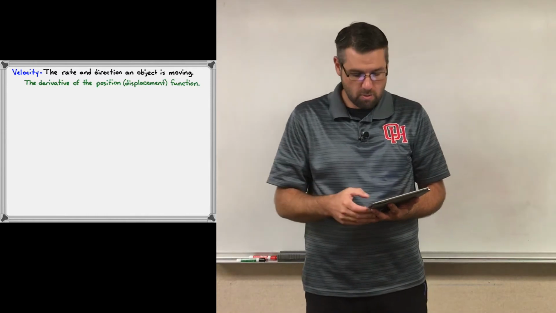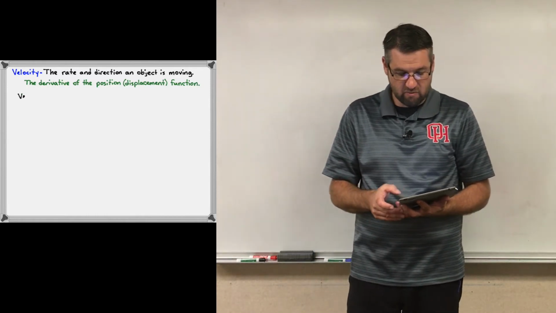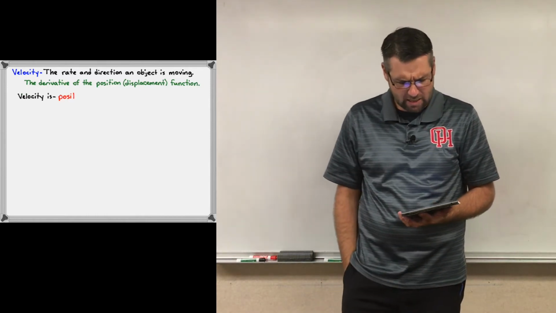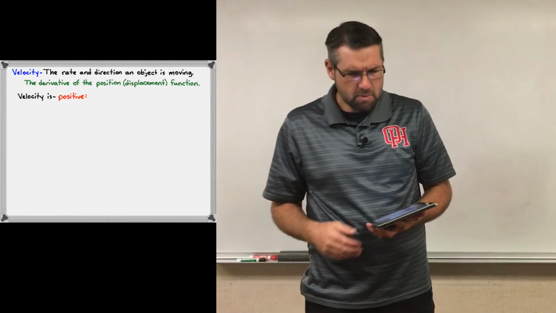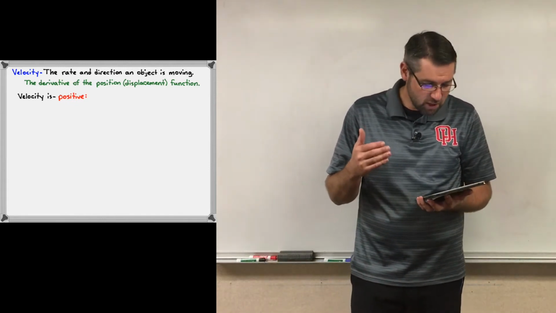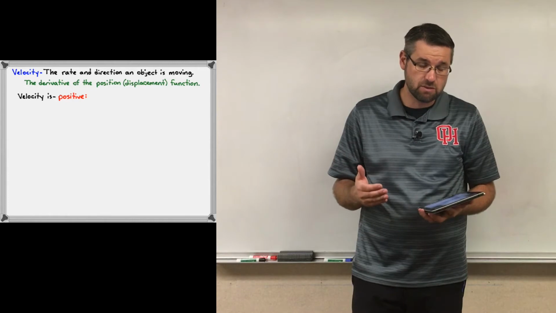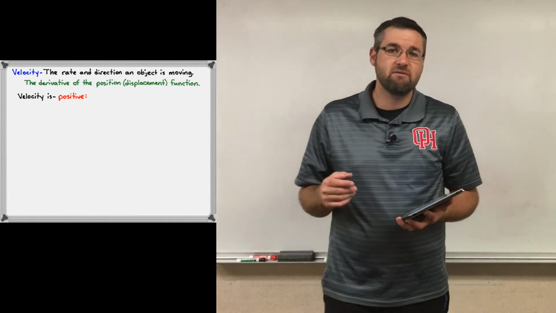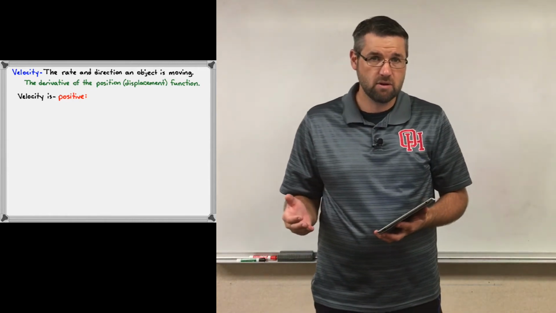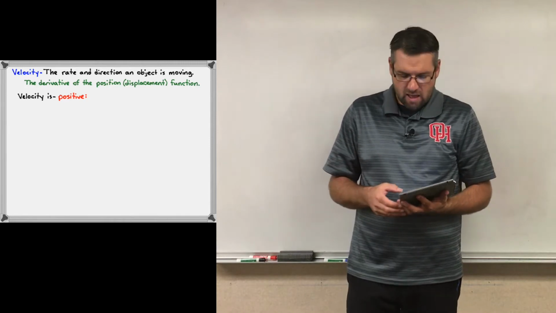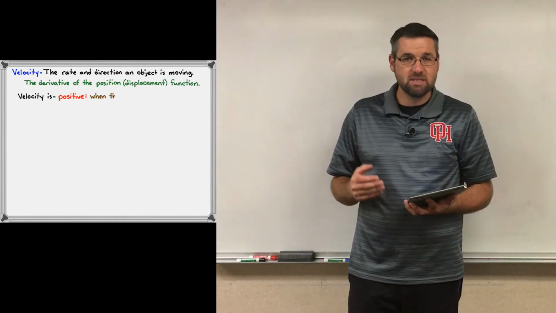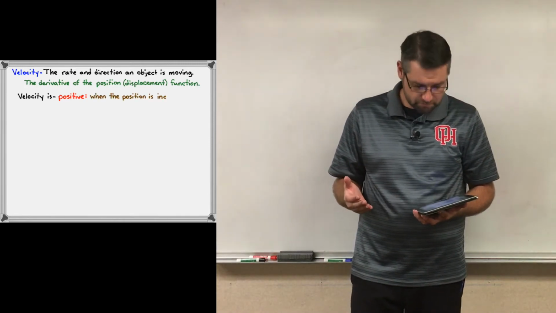We'll talk more about that idea of position and displacement at a later time, but this is some very important stuff. Because velocity is the derivative of position, we know that if the velocity is positive, that would imply that the position graph is increasing.